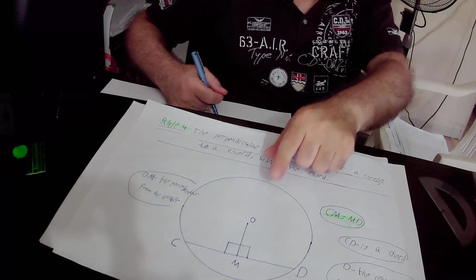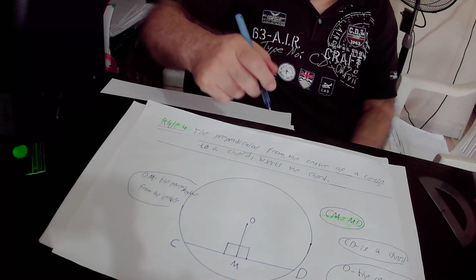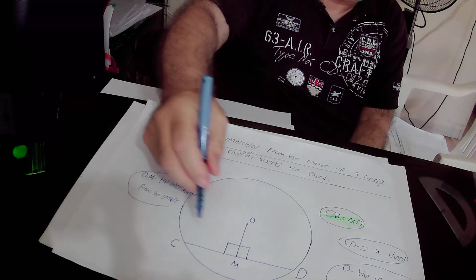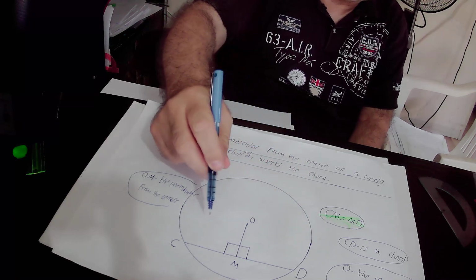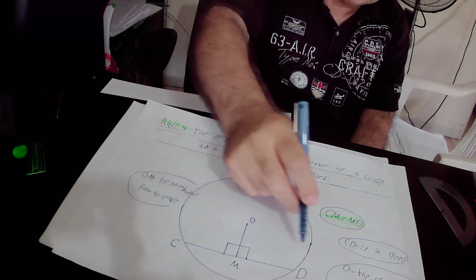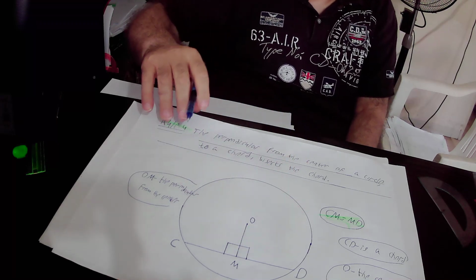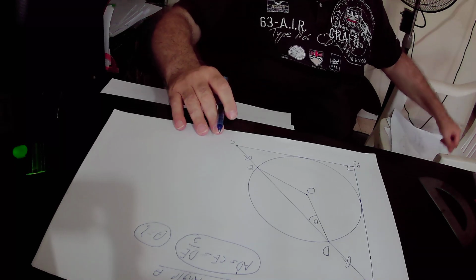Here the center of the circle is point O. So if we draw from point O a perpendicular to chord CD, then it bisects chord CD. That is to say, CM equals MD.